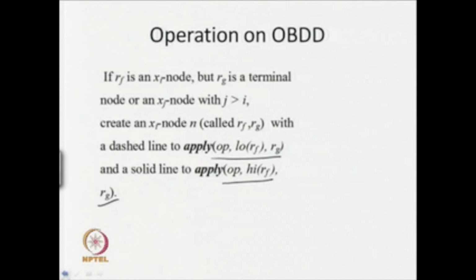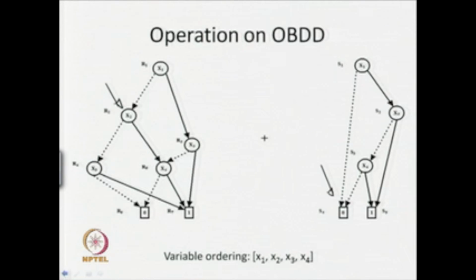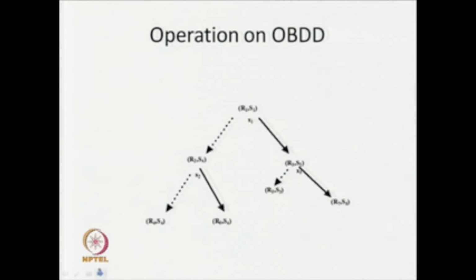Similarly, if we look into the other side for the high edge, this is my root node and this is my root node. So, we are going to construct S2 R3, and the dashed line is coming to R5.